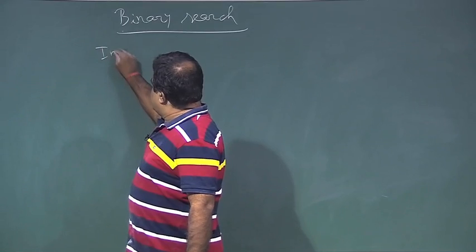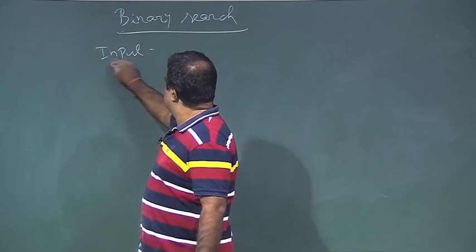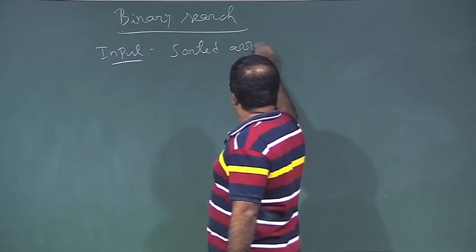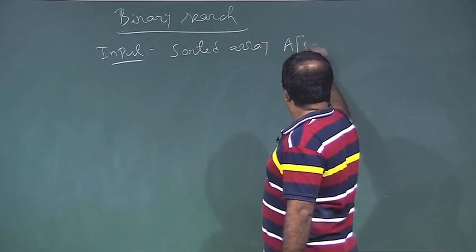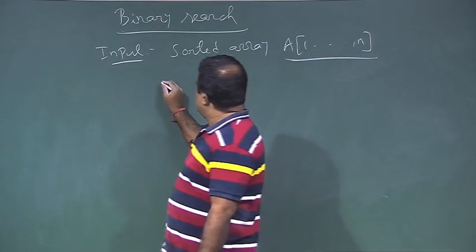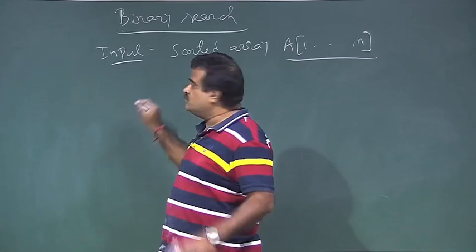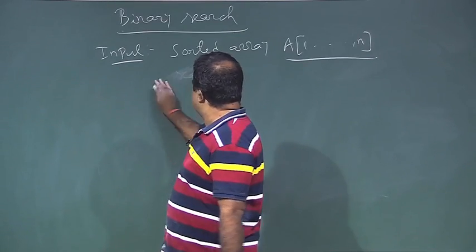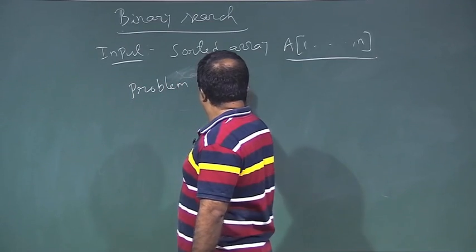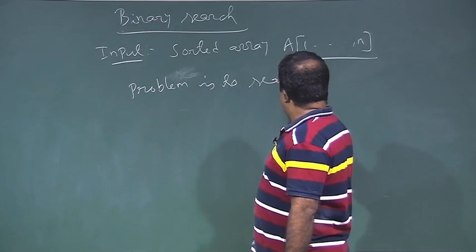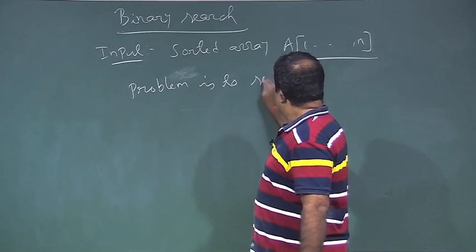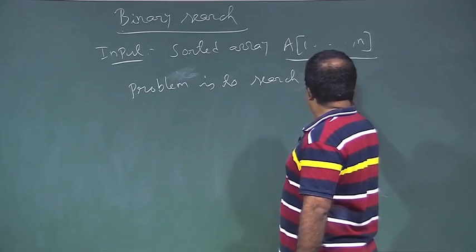So, the input is we have a sorted array, we have n numbers which are sorted, and then we need to search for a key, another input.